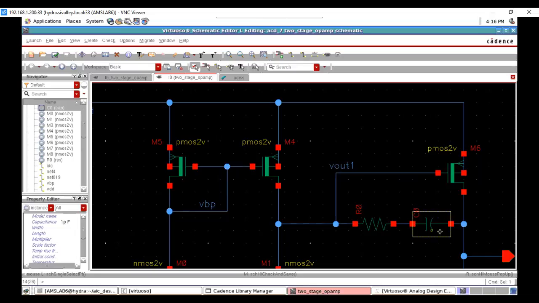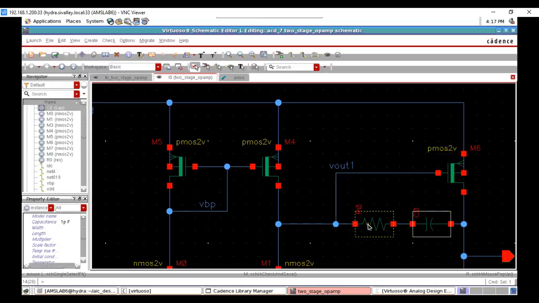Since this compensation capacitor CC is causing a zero in the frequency response, which is causing the phase margin to be very low, what I'm doing is placing a pole on top of the zero by placing a series resistor. This resistance value is exactly equal to what the zero requires; the zero is created by the gm of this MOSFET along with this compensation capacitor, right?